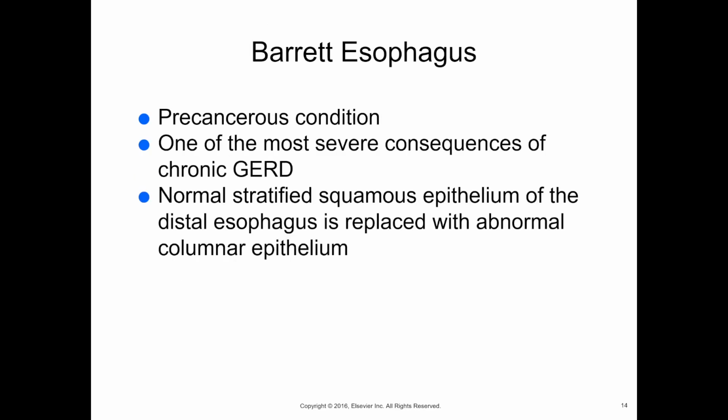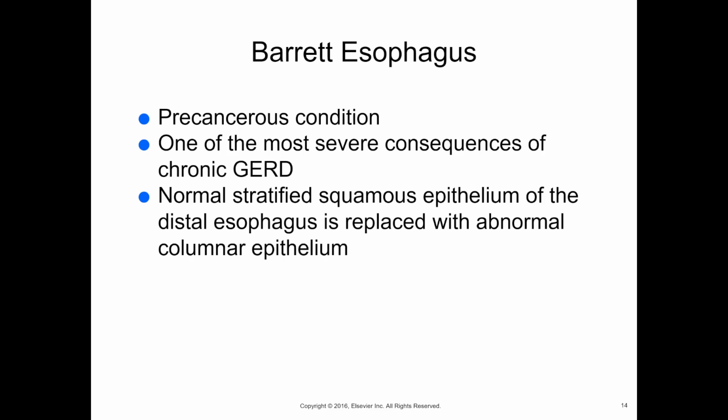So Barrett esophagus is the continued changes that occur in the lower esophagus due to individuals that don't deal with their chronic reflux. You get a conversion of the squamous epithelium at the distal esophagus to where it goes from stratified to columnar epithelia. This is called metaplasia, and metaplasia is one of the key steps of developing cancer.